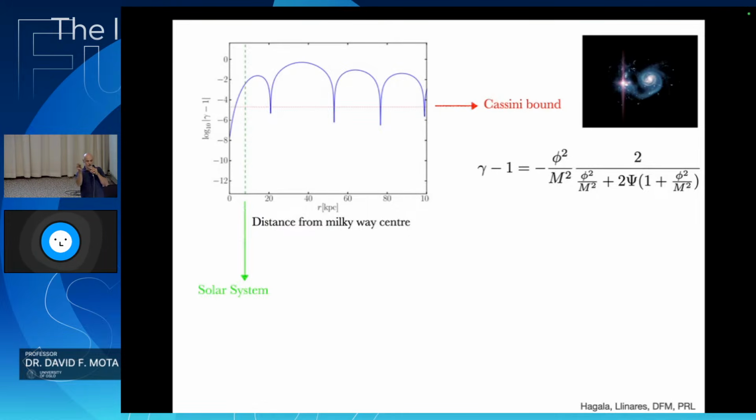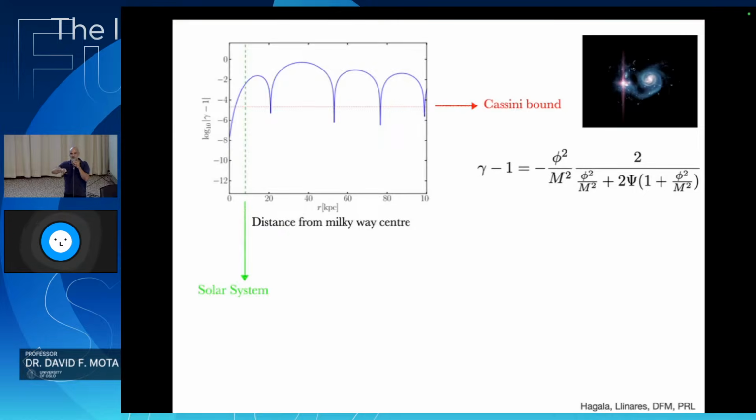And then this wave goes by, so my Cassini gamma will come down again. And if there's another supernova, it will go up again. So we have these oscillations, and this is a smoking gun for the existence of screening mechanisms.